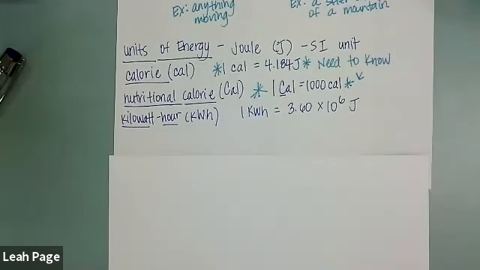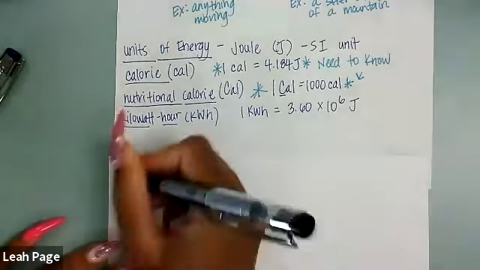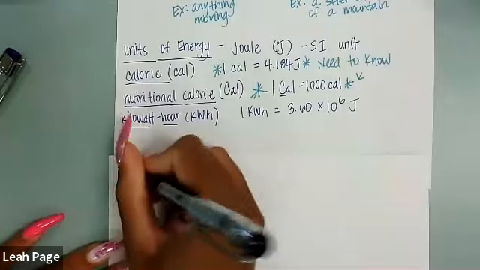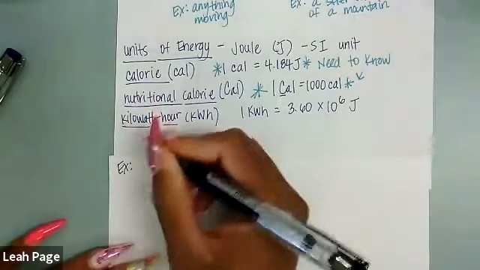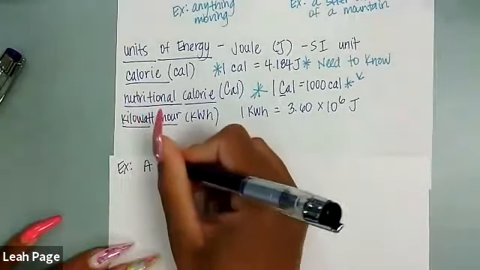So then the next thing, let's go ahead and do a unit conversion. Let's just make sure we can convert our units in energy. Let's do an example problem. Let's say, for example, I have a candy bar.